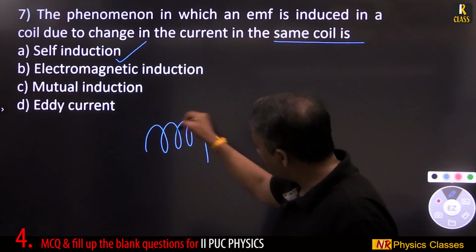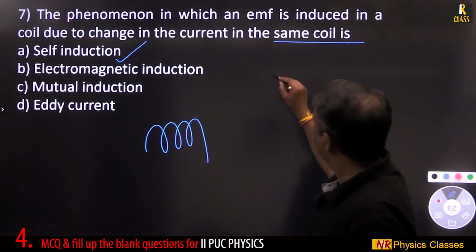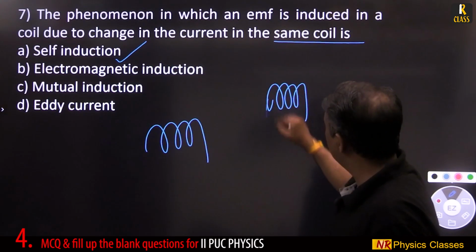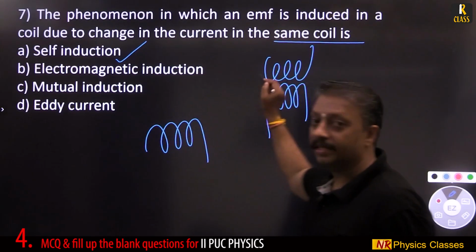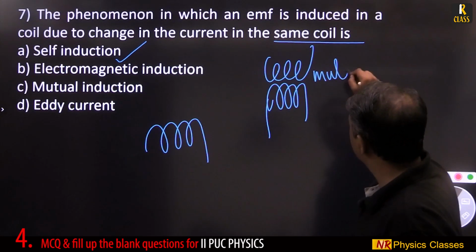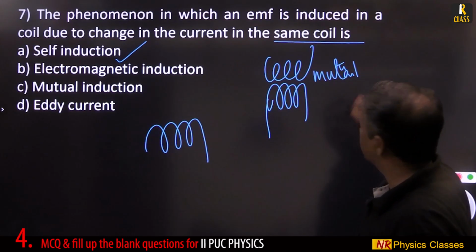Same coil, self-induction. For a pair of coils, this is the first coil and this is the second coil, it is mutual induction, isn't it?